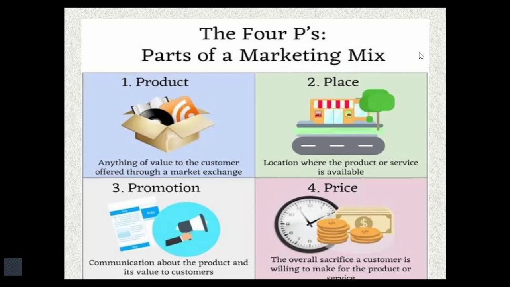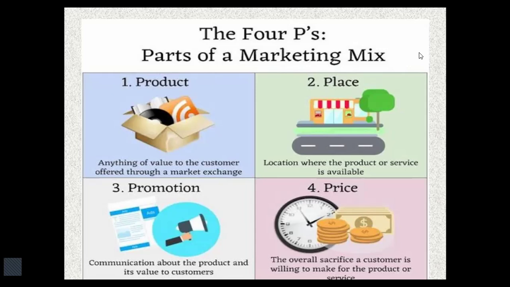Similarly, the promotion is different for different kinds of commodities. Advertising is good for convenience goods that are provided to the whole market, whereas for industrial goods or high-priced specialty goods, it's better to have public relations or sales promotion letters.